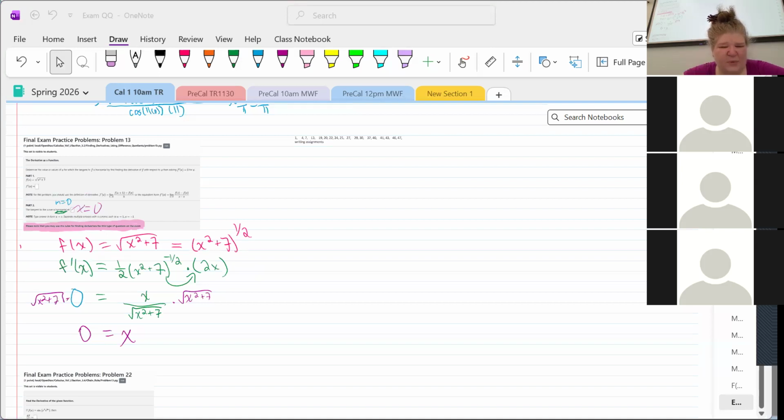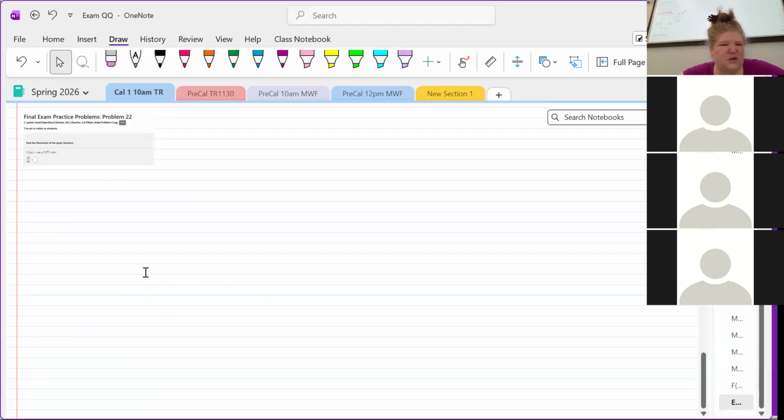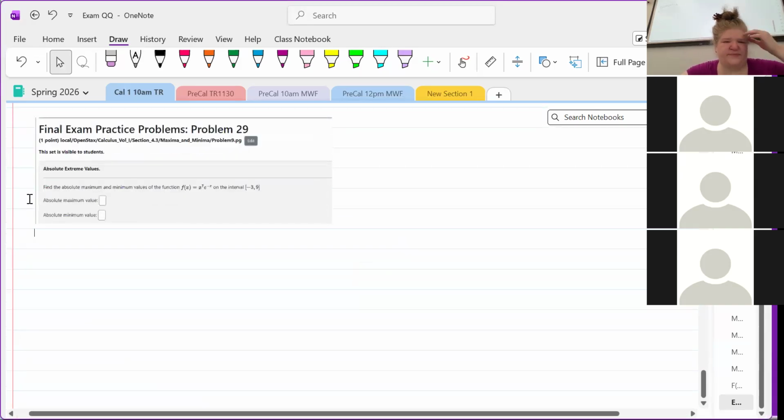So you're going to have a problem where you get like two functions and they ask for the derivative. I'm a little worried about running out of time, so I'm going to skip 22 and move on to 29.